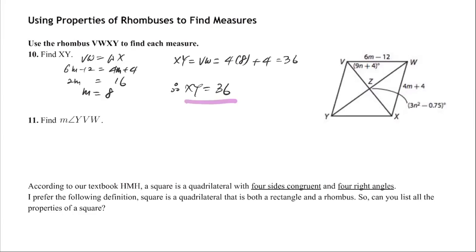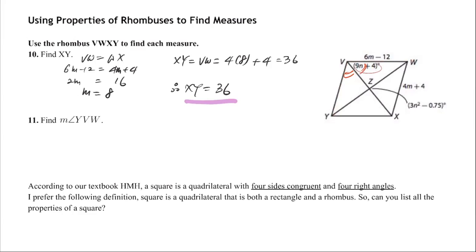So now the question is, how do I find angle YVW, this angle? I think that we know for a fact that these two angles are equal to each other, right?